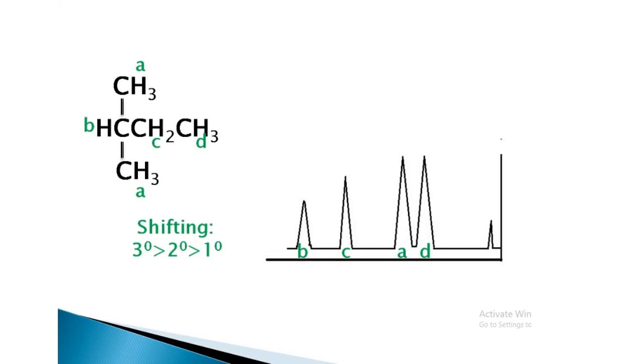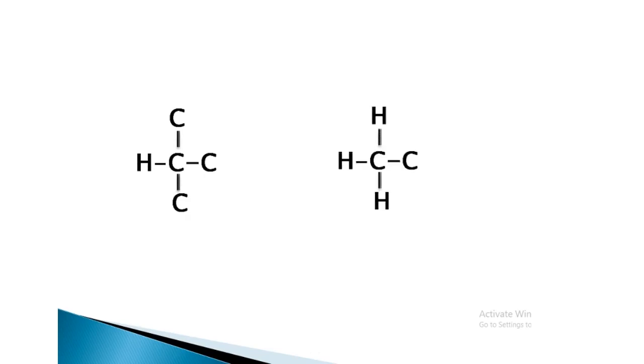Now, why do we observe the shifting trend? Let me show you an example here. Let us say we have two hydrogens here. Notice the left hydrogen happens to be a tertiary hydrogen, and the right one happens to be a primary hydrogen.